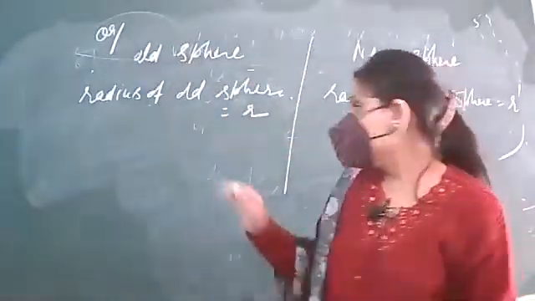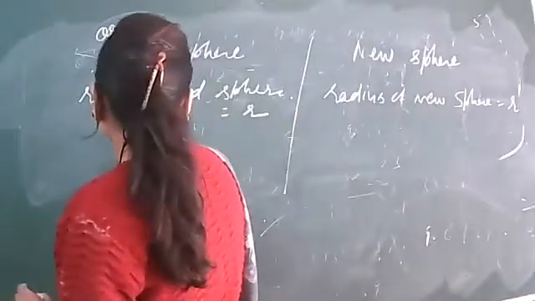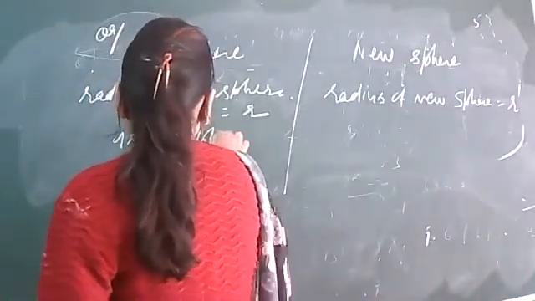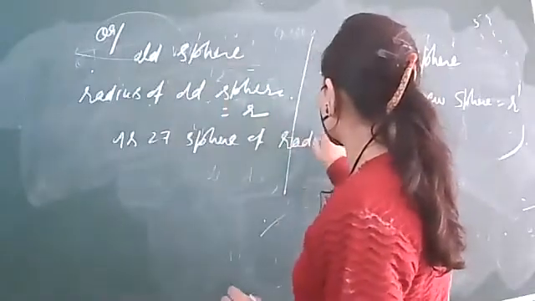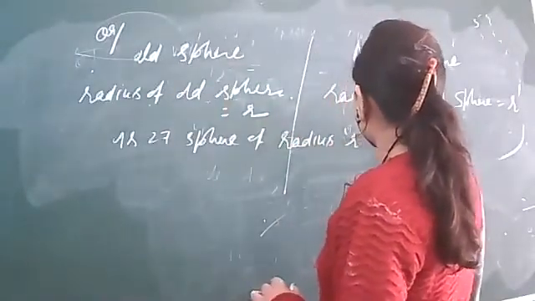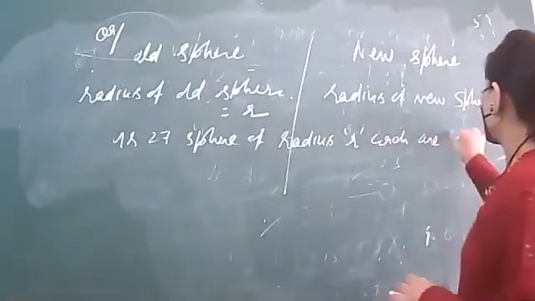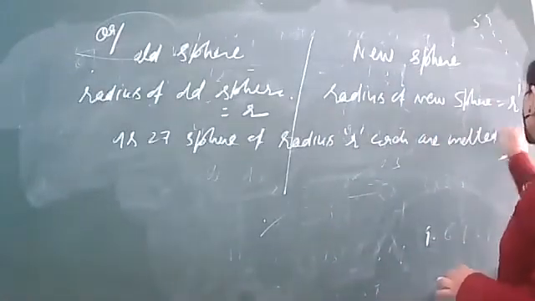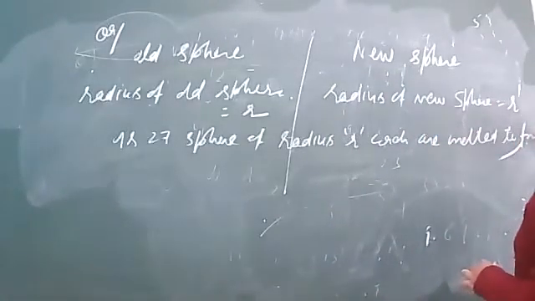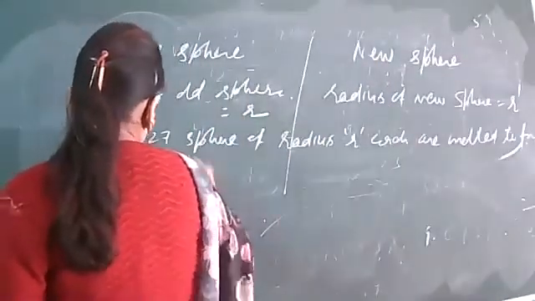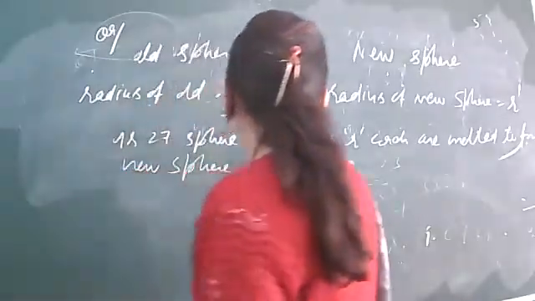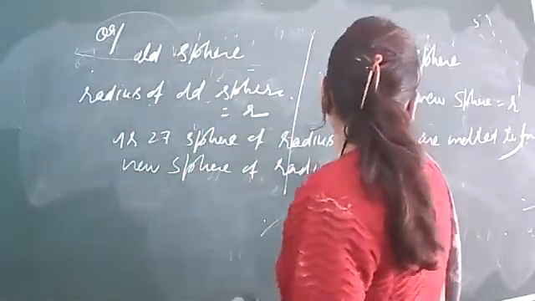So how will we write? As 27 spheres of radius r each are melted to form a new sphere of radius r dash.